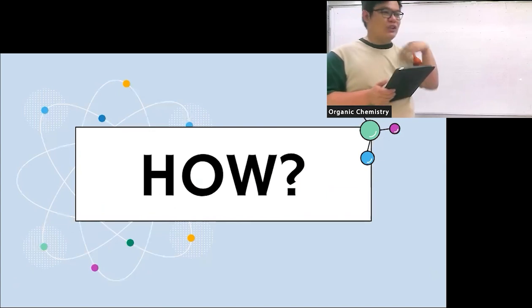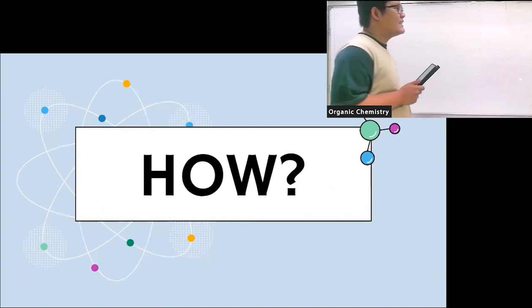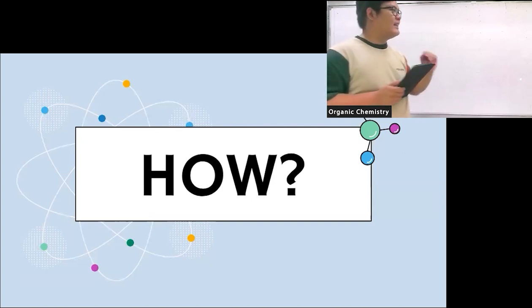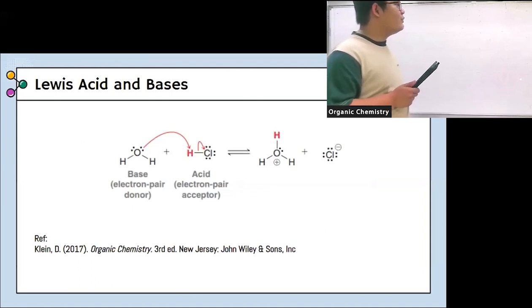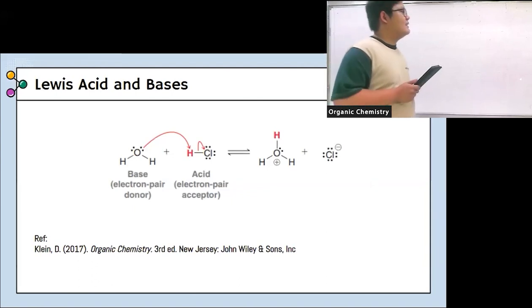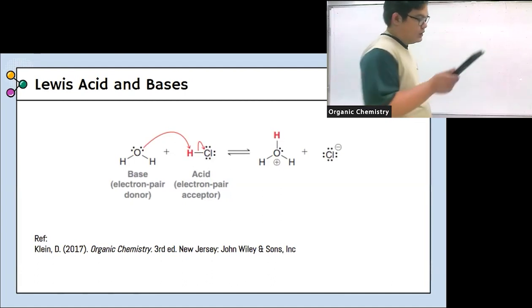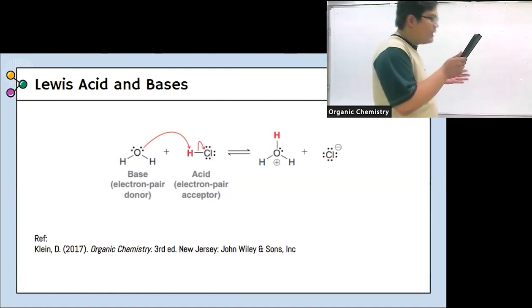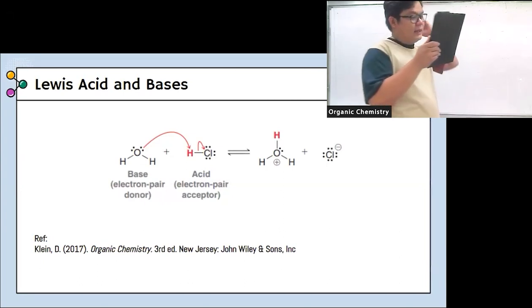But paano nga siya nagdo-donate? Paano nga ba nagkakaroon naman ng chemical reaction yan? I-discuss namin siya later, but let's now give you an overview on the next slide. So, for Lewis acid and bases, kita nyo, meron tayong tinatawag na flow of electrons. Huwag muna kayo ma-overwhelm. Ang una nyo titignan dito, yung color red na proton.